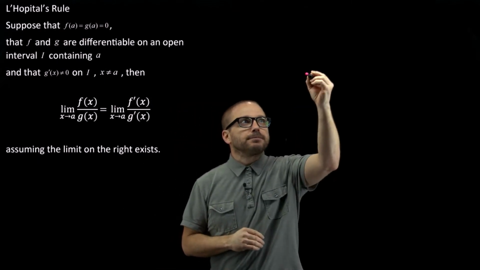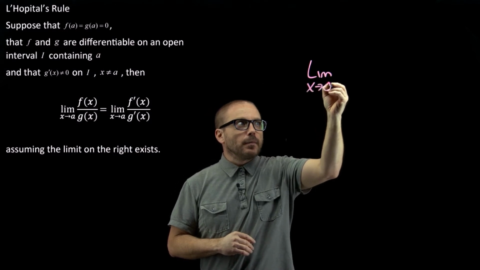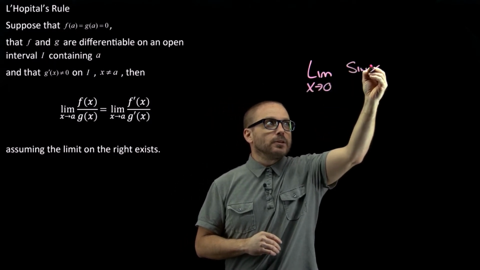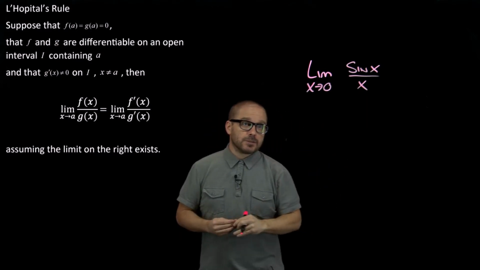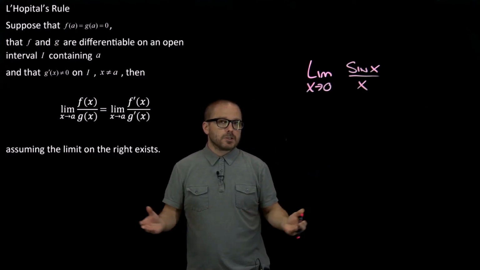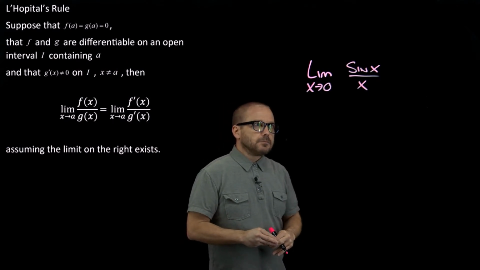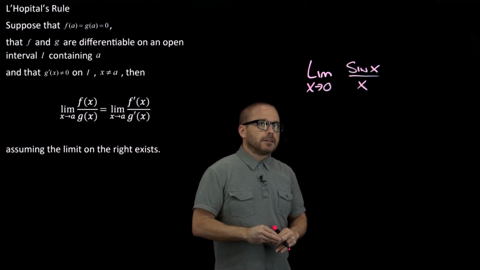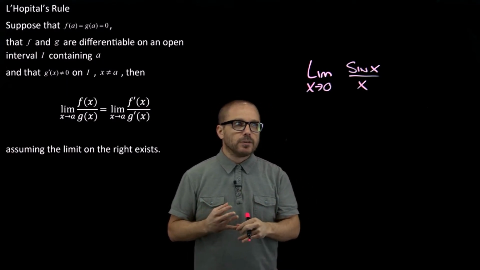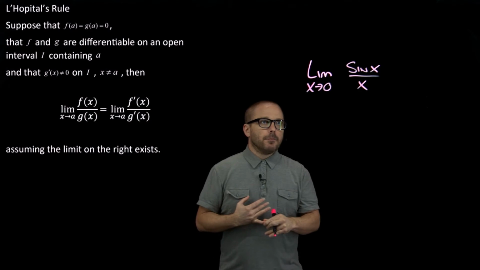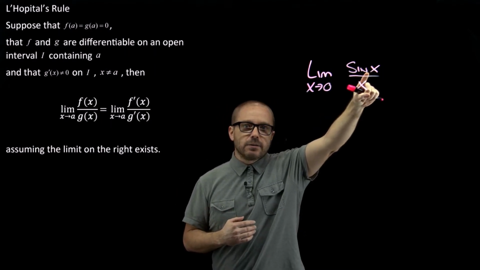So this was, if you recall from Calc 1, a central limit, an important limit we used in Calc 1, so much so that I think it got a theorem name. But in Calc 1, we had to go through quite a bit of geometry to prove this was true. Because the problem is, if you just try and plug 0 in, sine of 0 is 0.